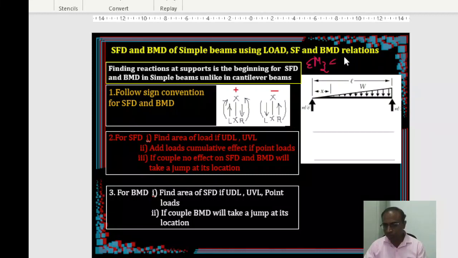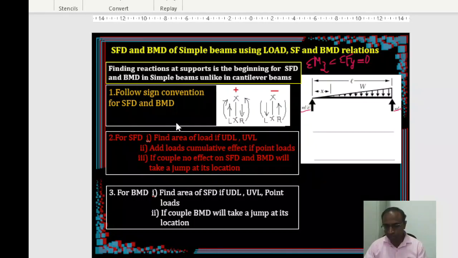These two equations will help us to find the support reactions. Okay, so you will be getting, I am not dwelling on that because previously you have spent a lot of time on that, so you can refer to that particular discussion on finding the support reactions of a simply supported beam for various kinds of loadings, right? So you can refer to that. So you will be getting the support reactions now. So we have WL by 6 on one side and WL by 3 on the other side. So you got the support reactions.